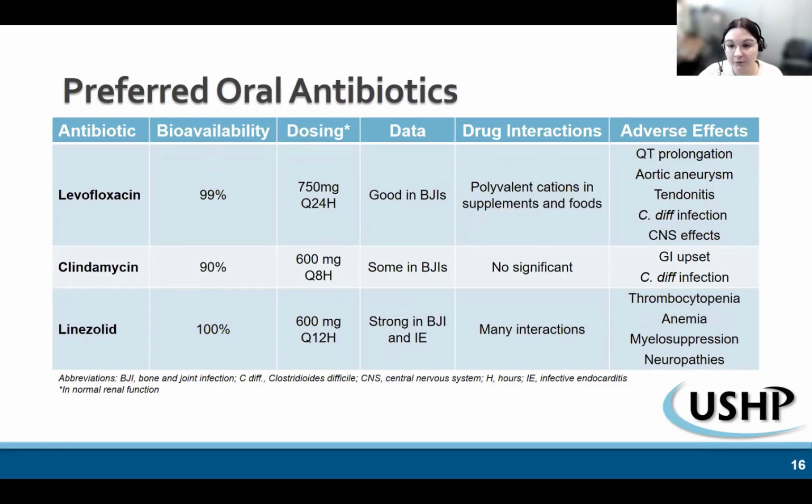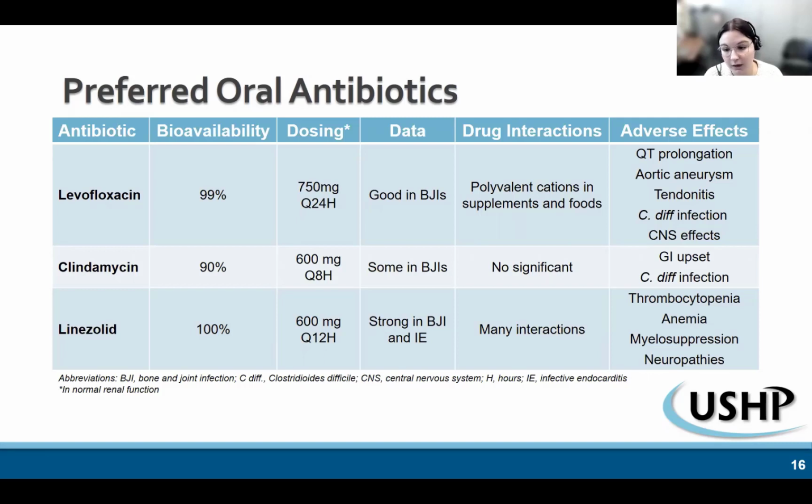Clindamycin has good bioavailability, is dosed 3 times a day, and does have some data in bone and joint infections. There are no significant drug-drug interactions, and the most common adverse effects are GI upset and C. diff infections. Next, linezolid has 100% bioavailability, is dosed only twice daily, and does have strong clinical data in both bone and joint infections and infective endocarditis.